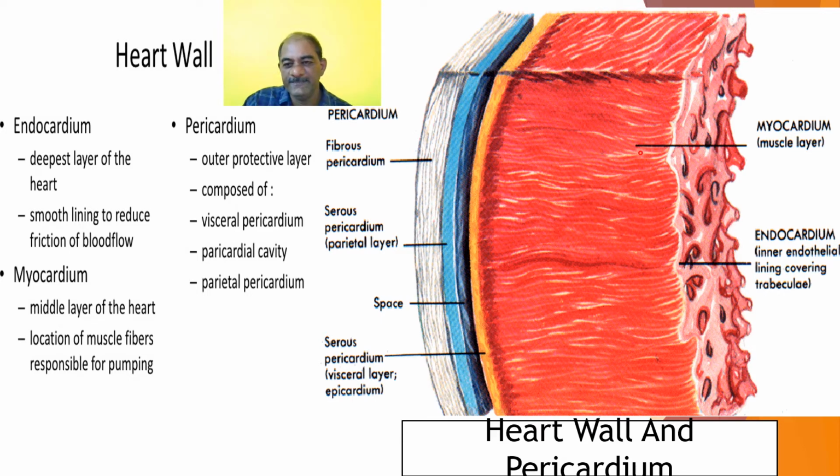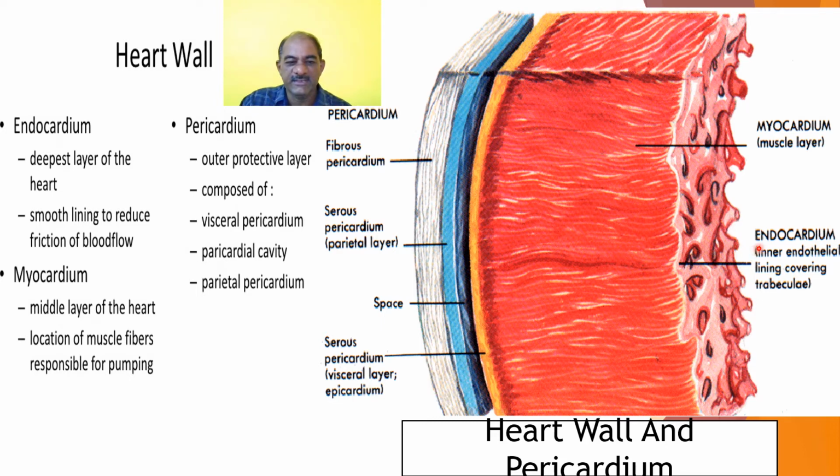Endo means inside. Cardia means heart, a Latin word. Myo means middle. Endo means inner, and epi means surrounding. So epicardium, myocardium, and endocardium. This endocardium is composed of single flat epithelial cells, the endothelium.